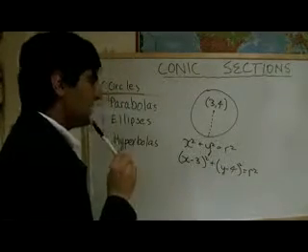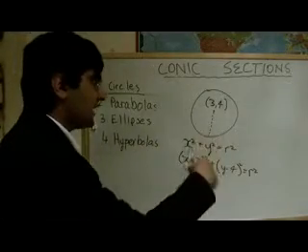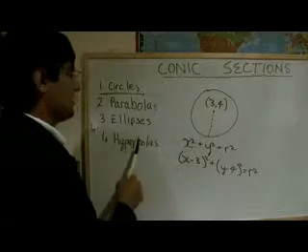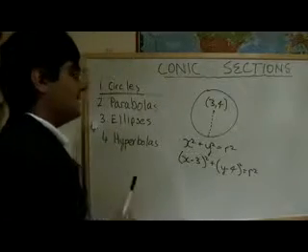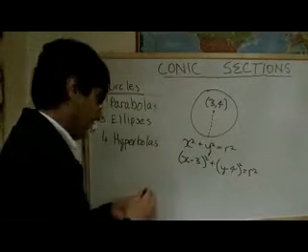You'll see why I'm doing this when we come to the other conic sections, because some of the principles we've just covered and reviewed will come in useful when it comes to ellipses and hyperbolas, okay? But this is just a recap on knowledge you already have, okay?